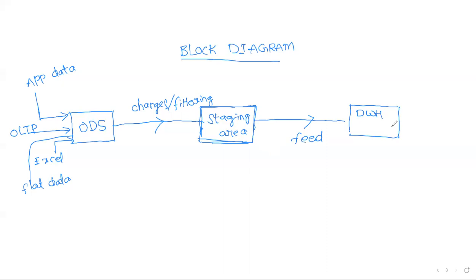So in this data warehouse, more organized, more structured data you will receive. So once the data is ready, you can give reports to the client or the business clients. You can give dashboards. You can give data for analysis. Analytical data you can give.